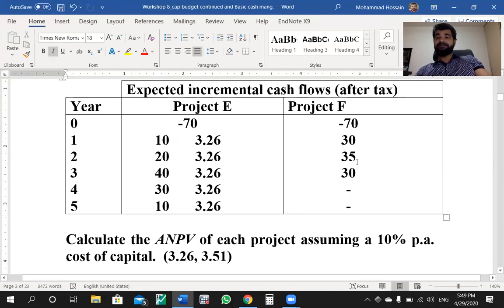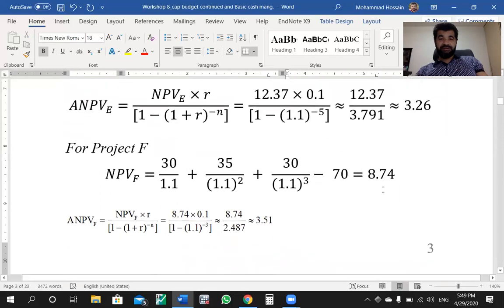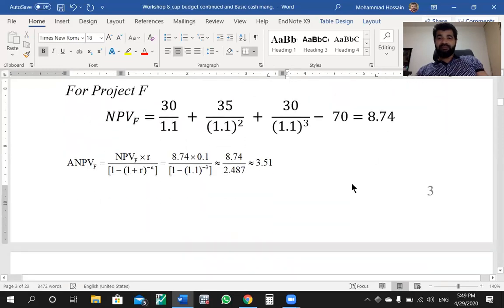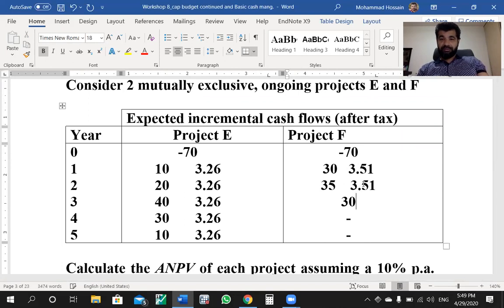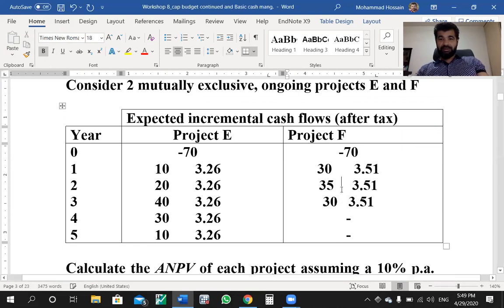For this one, it will actually be 3.51. You can see that. 3.51, and the net present value will be how much?